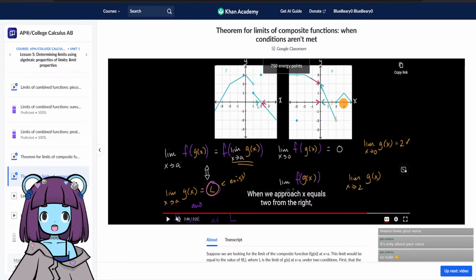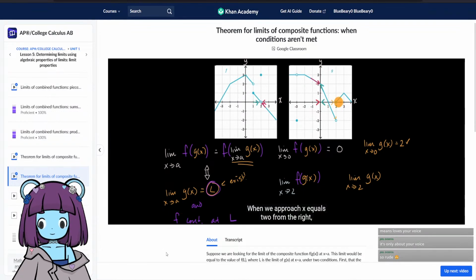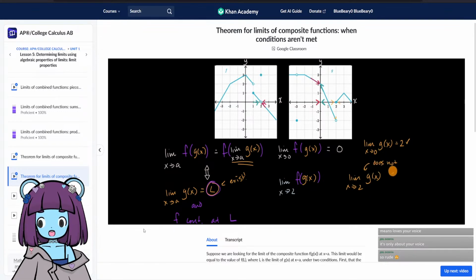So, as this approaches 2, it's 0. Yes, that part doesn't exist. Yes, we have not met that condition. Can't apply a theorem.